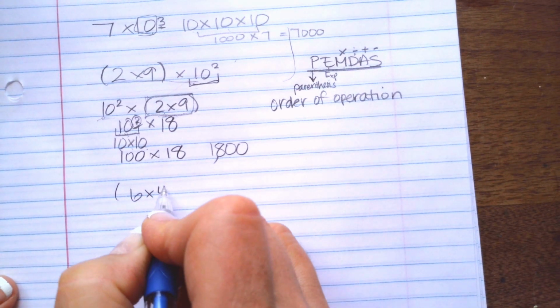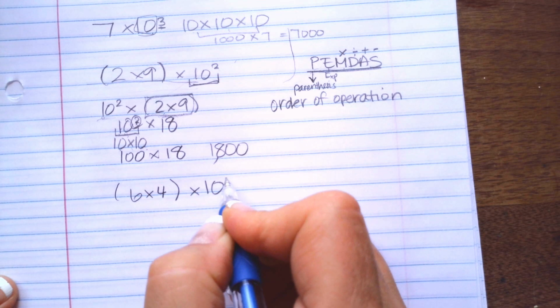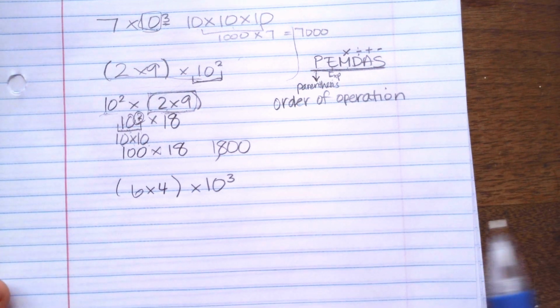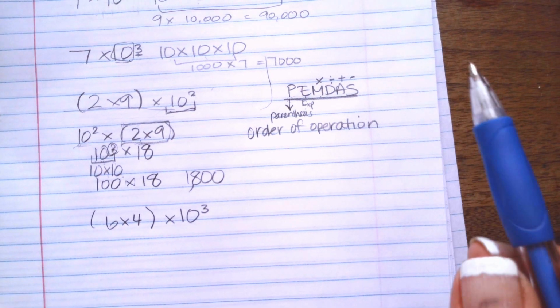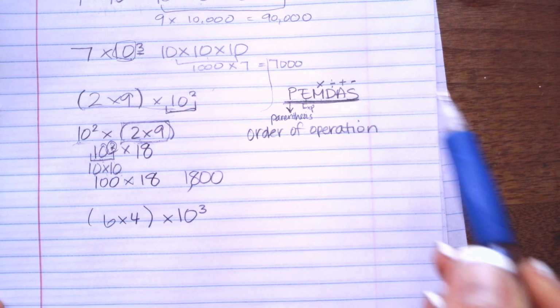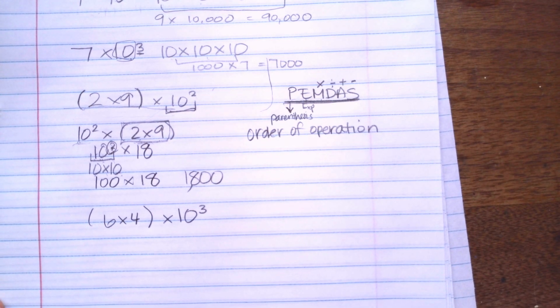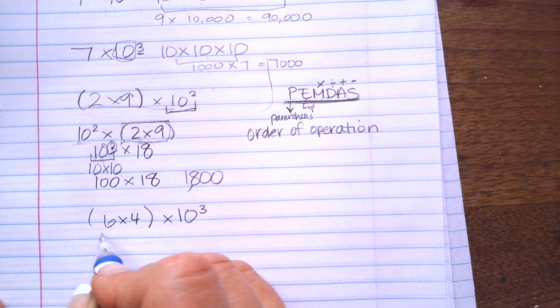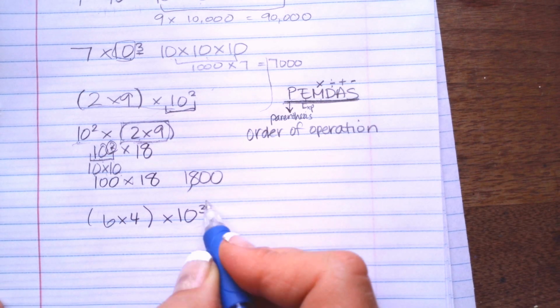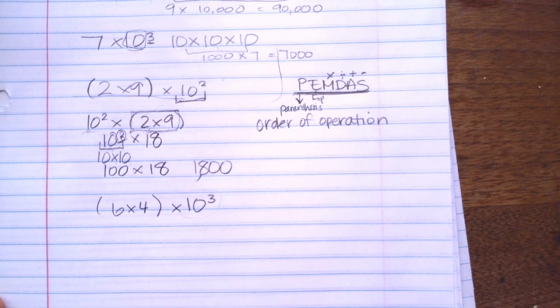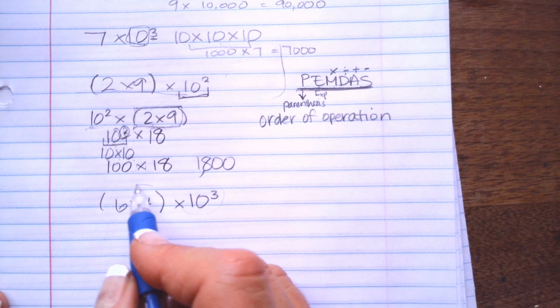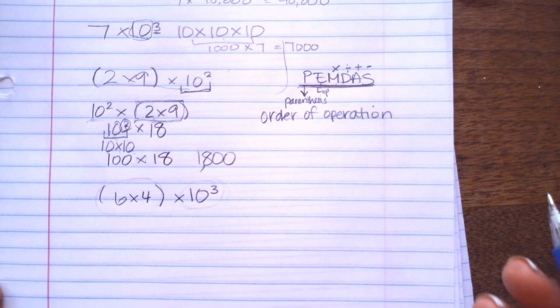Okay, let's try another one. 6 times 4 times 10 to the third power. So what would I do first if I was following this PEMDAS thing? Would I do this part first, or would I do this part first?